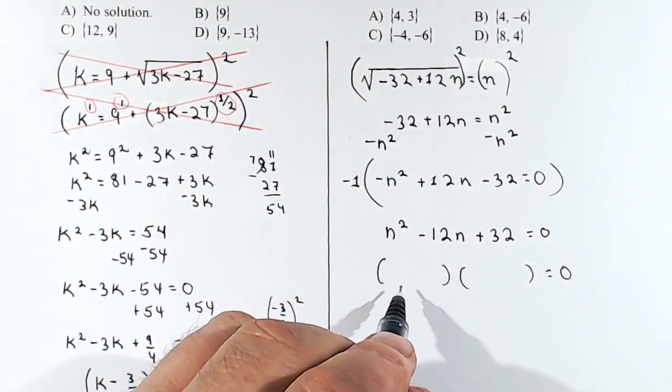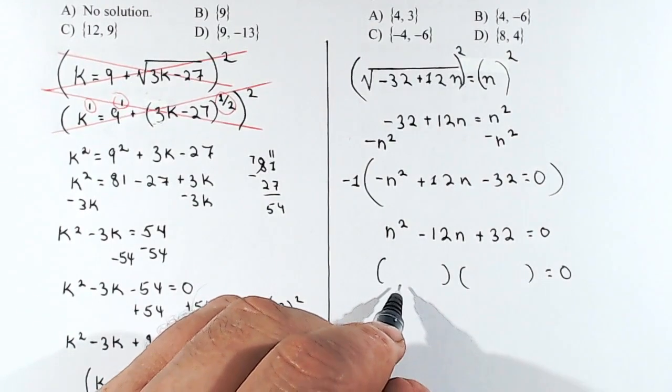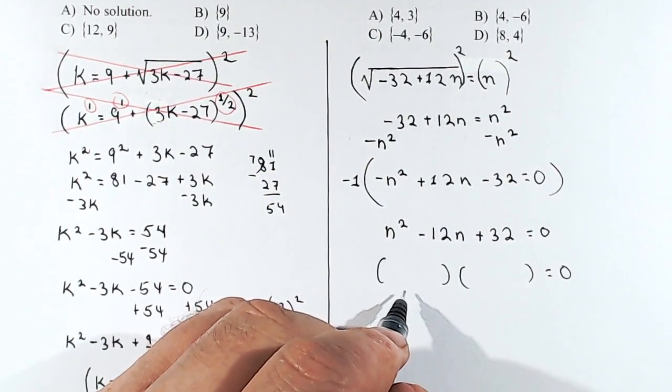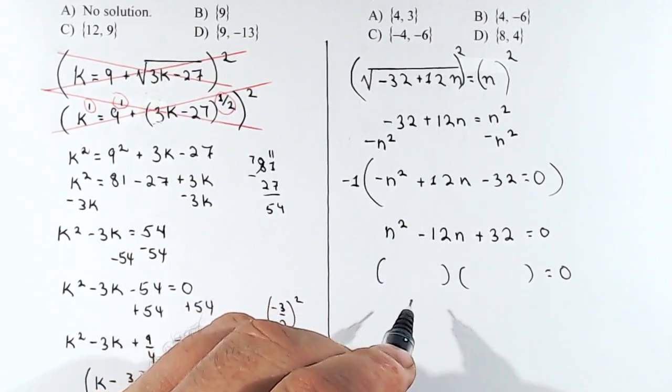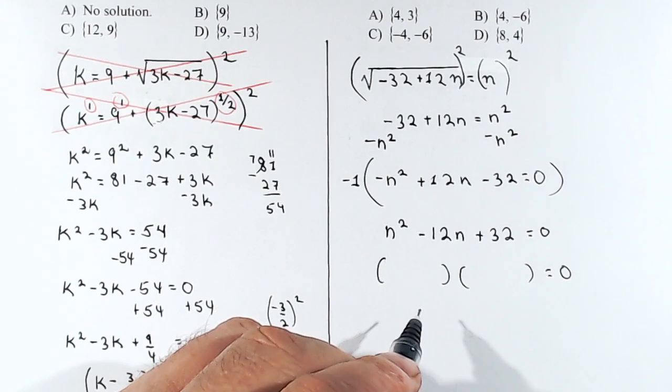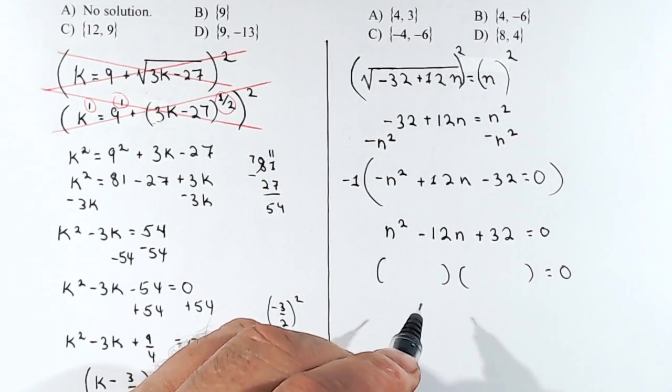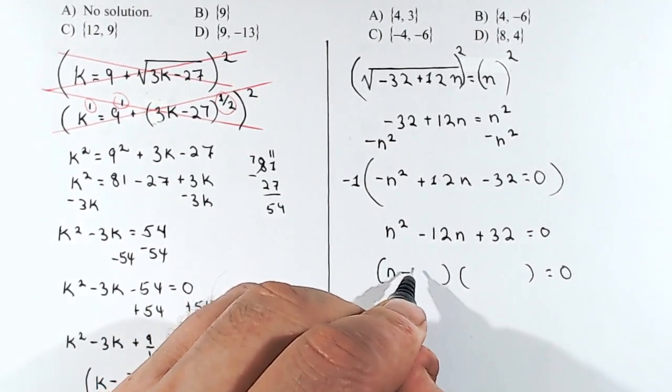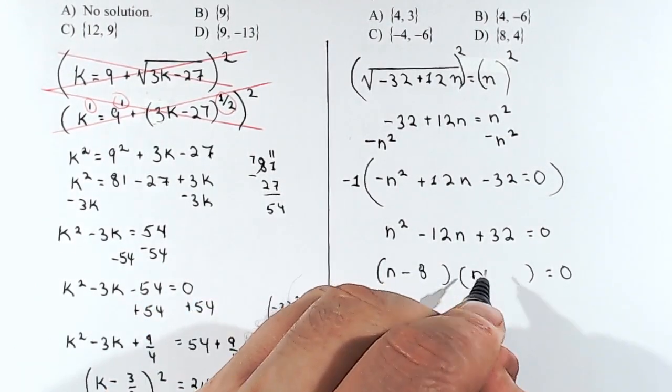I've got to find two numbers that add to be negative 12 and multiply to be positive 32. Okay, so it's going to be two negative numbers. So negative 8 and negative 4. So it's going to be n minus 8 and n minus 4. Does that work?